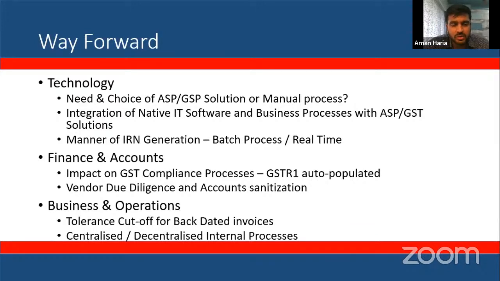From the finance and accounts point of view, as we discussed, GSTR1 will be auto populated, but only to the extent of B2B invoices, B2B credit notes, B2B debit notes, B2G transactions, and export transactions. The other details such as B2C, advances, exempt supplies, and HSN documents will be required to be punched into the GSTR1.